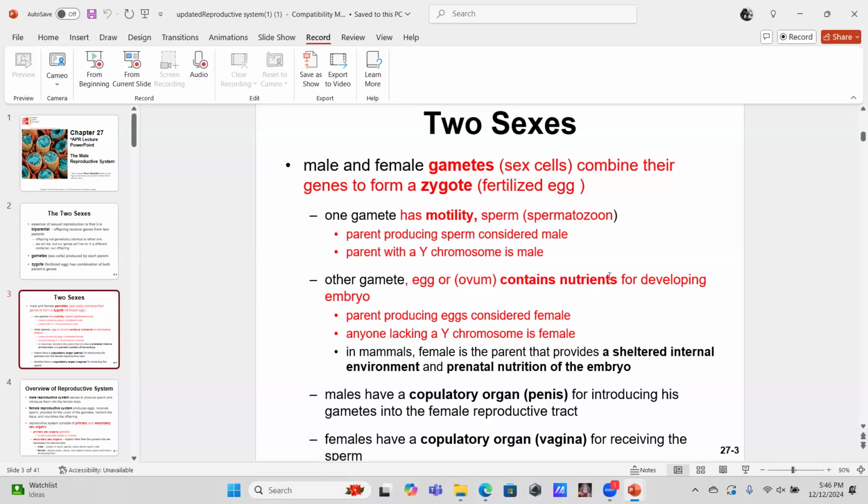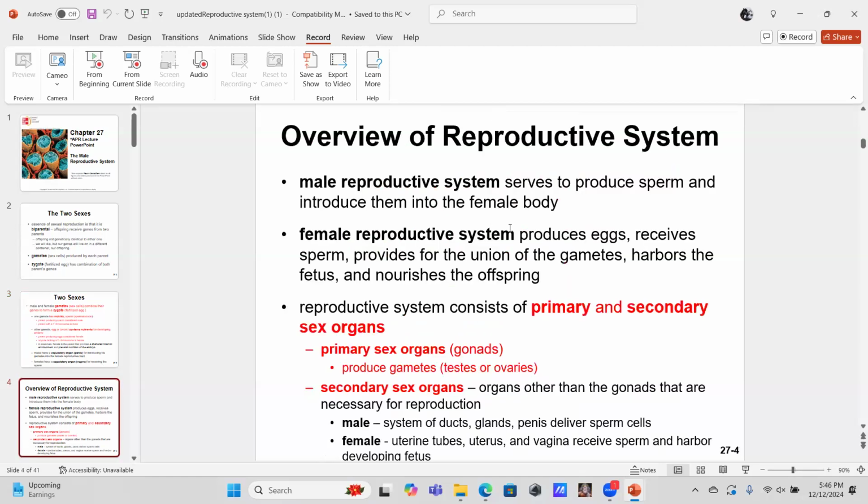When you first conceive, you also have a second set that will turn into the female reproductive tract, which is going to include the uterus and the fallopian tubes, things like that. Again, you have either testes or ovaries, but you have both sets of ducts. What occurs then, as we start developing, is that one set of ducts starts to die off, and one set of ducts starts to increase in size.